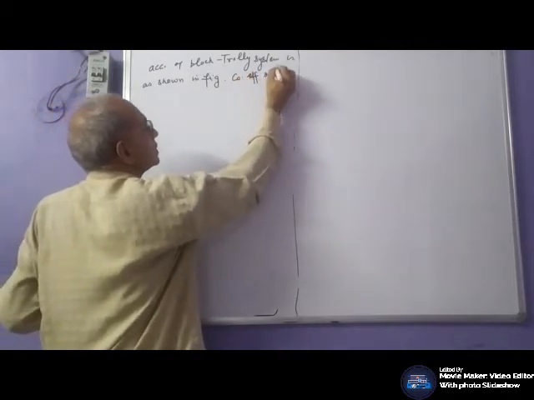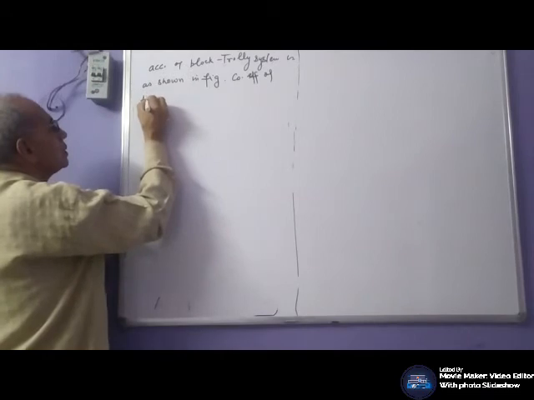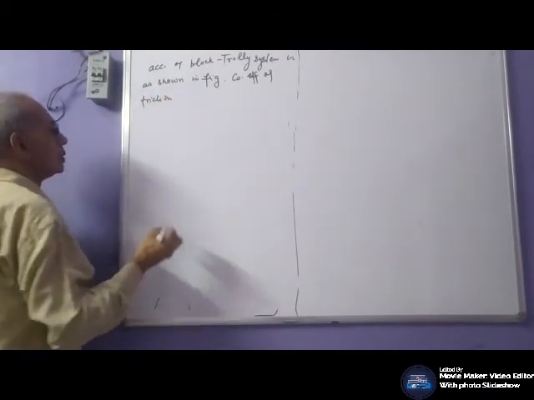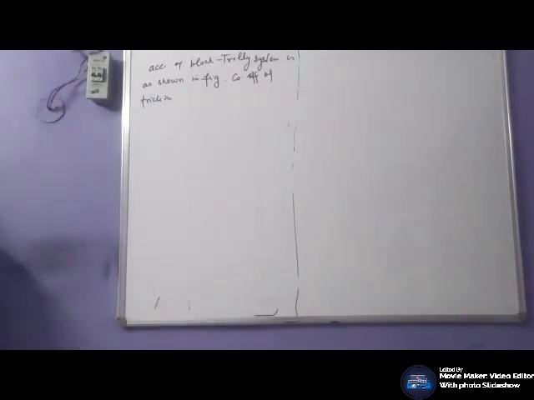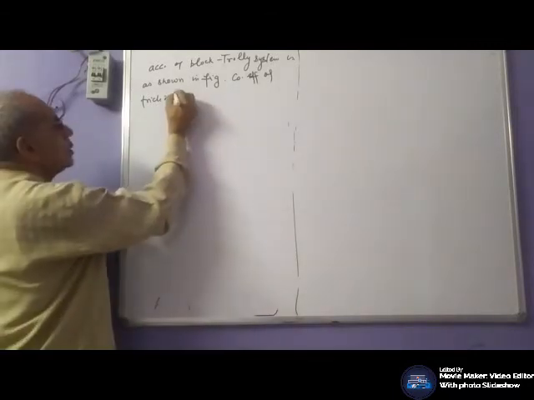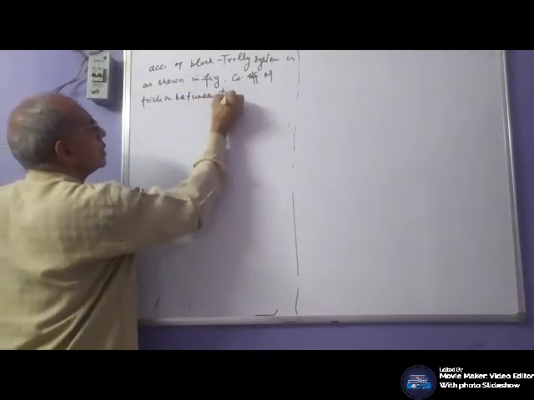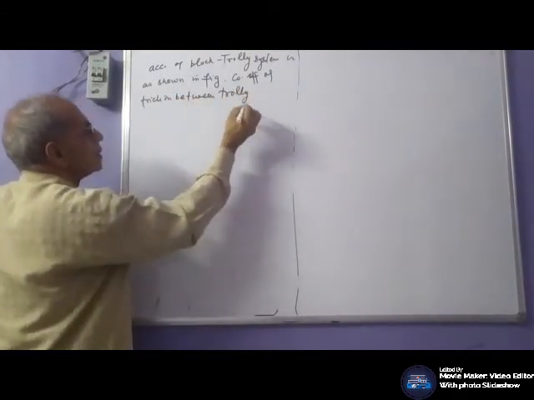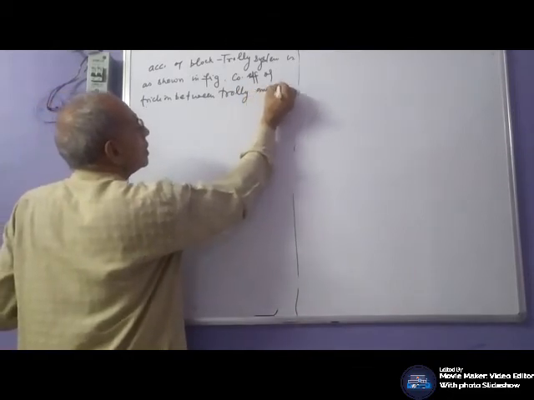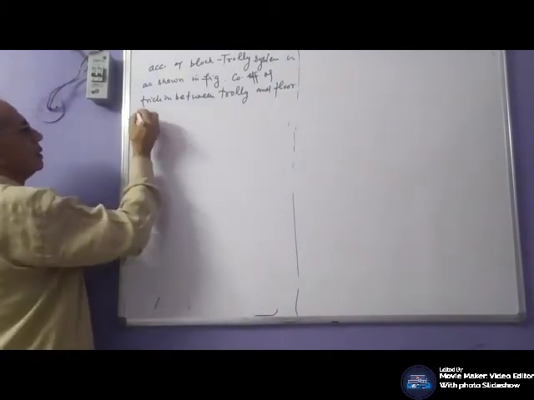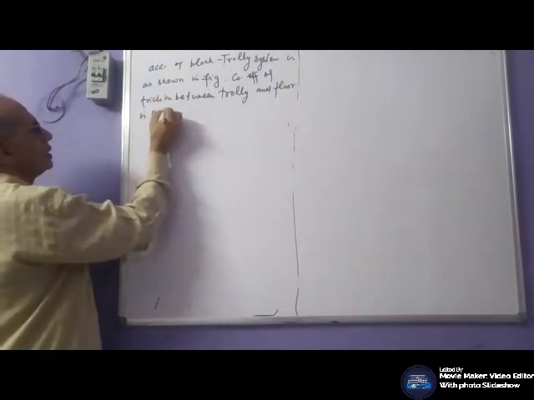Coefficient of friction between trolley and floor is 0.04.